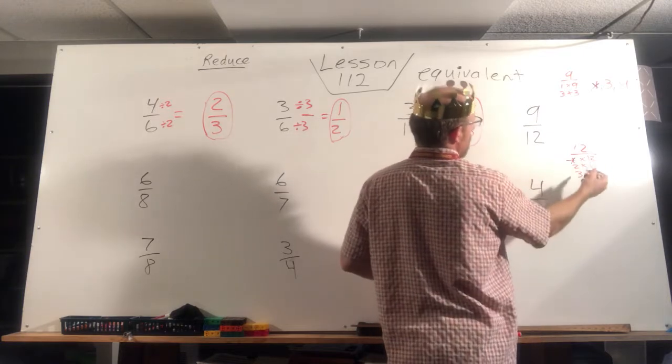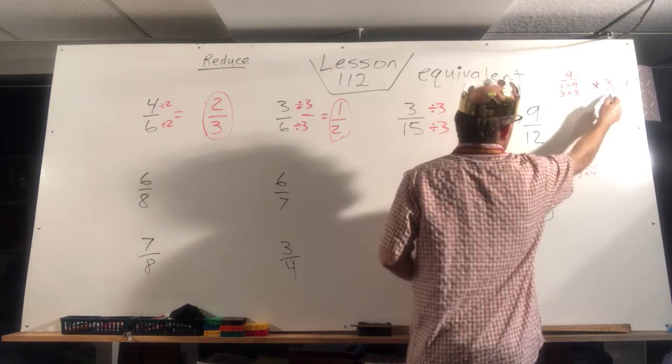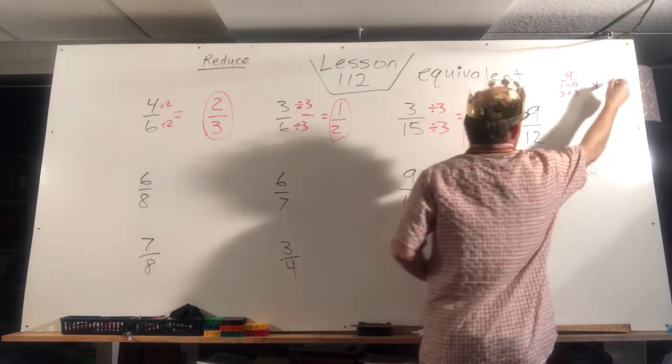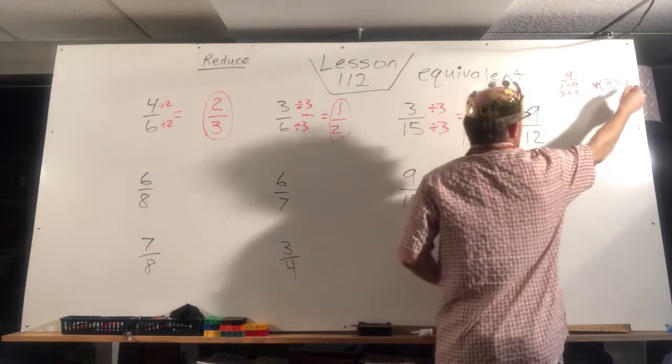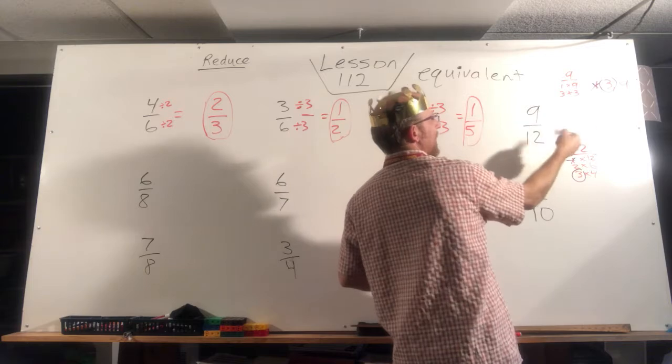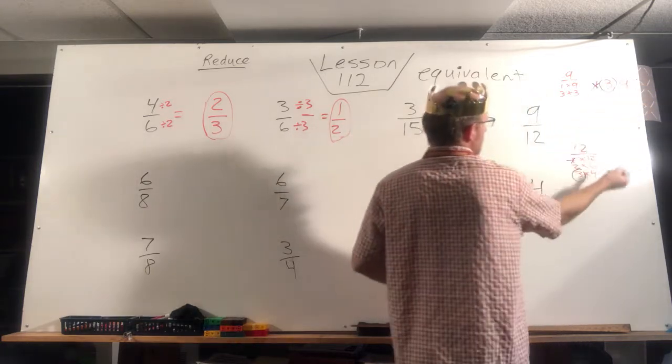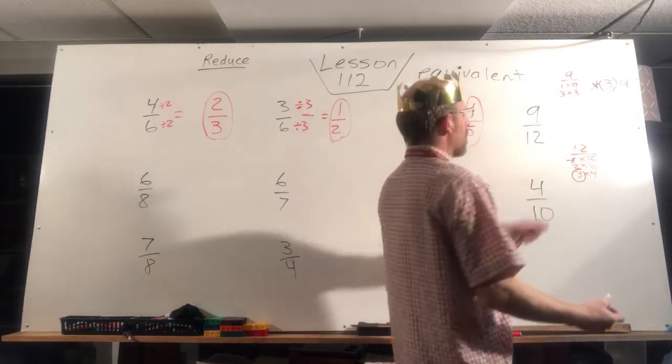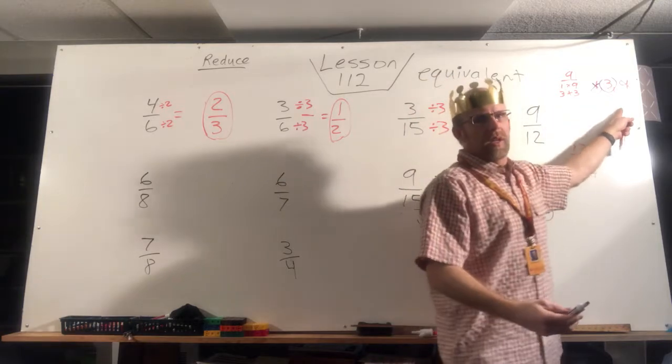Do they both have a 3? Well, they do. They both have a 3. Do they both have a 9? No, I figured it out because 9 can't go into 12. They do not both have a 9, so 9 goes away.